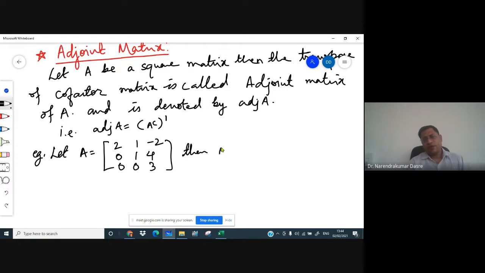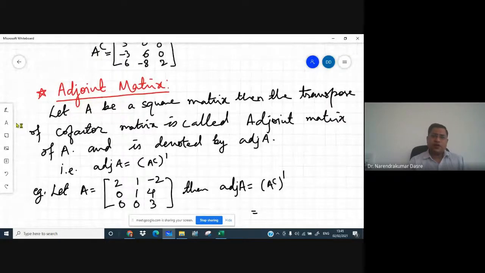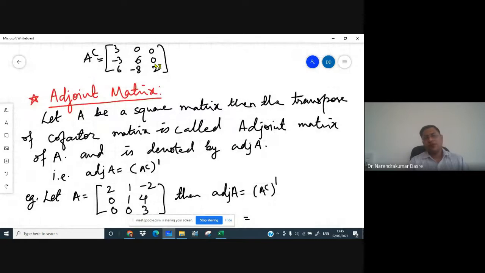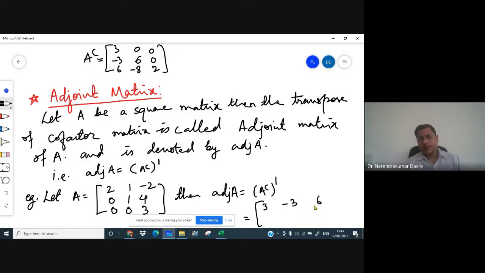Then the adjoint of A is equal to the cofactor matrix transpose. We already have the cofactor matrix here, so let us check its transpose: 3, minus 3, 6, 0, 6, minus 8, and 0, 0.